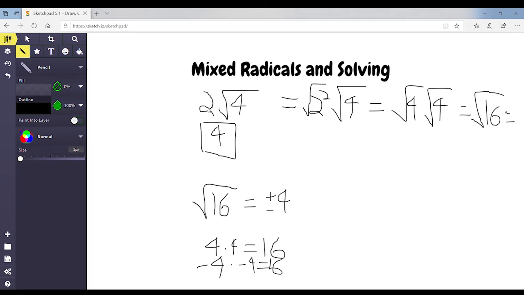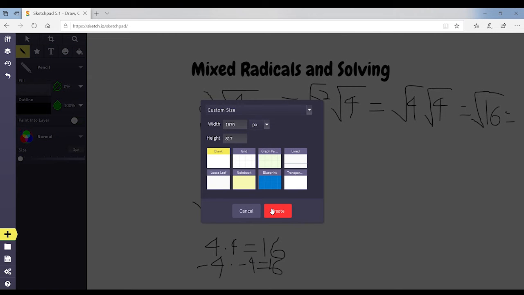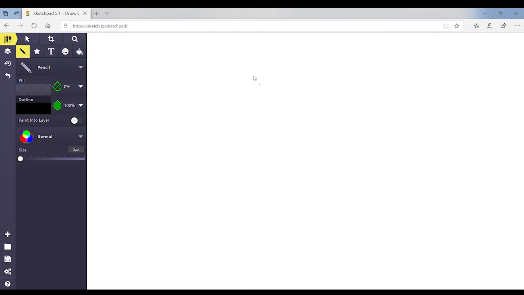Now let's do one more example where we need to use solving with positives and negatives and also converting mixed radicals into radicals. So let's make this mixed example: 8 times the cube root of 16, times 4.